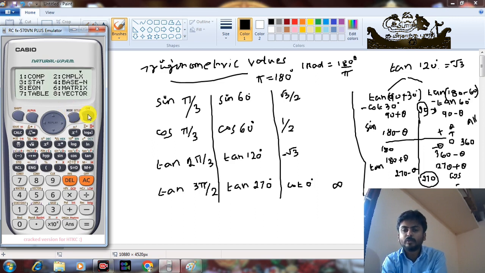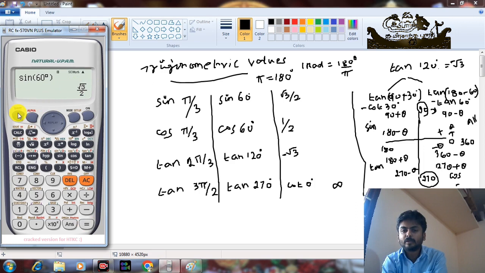Let me show this in degree mode. In degree mode the answer will be root 3 by 2.